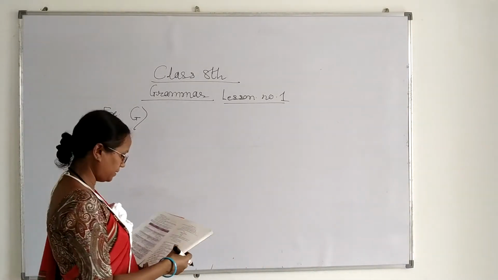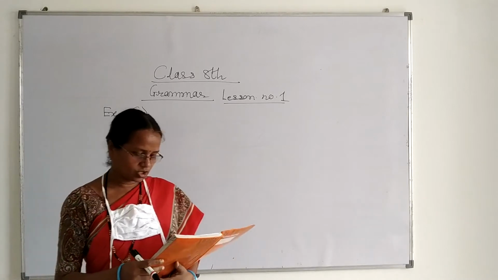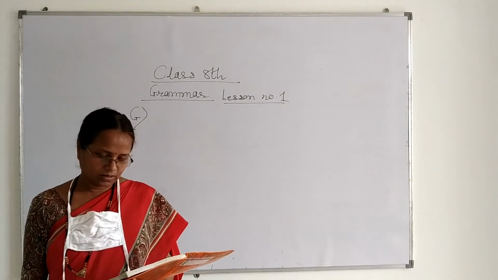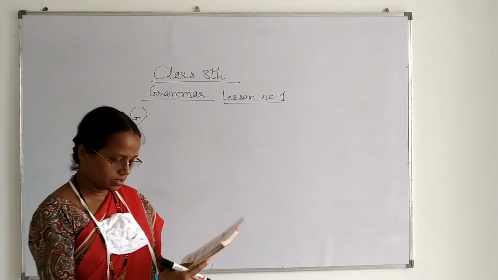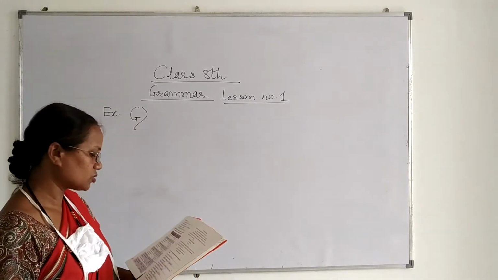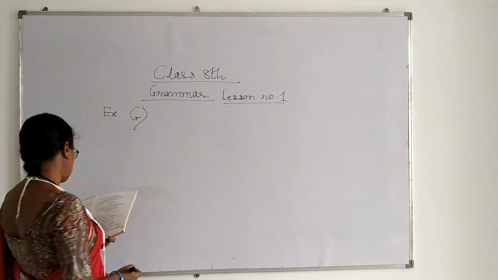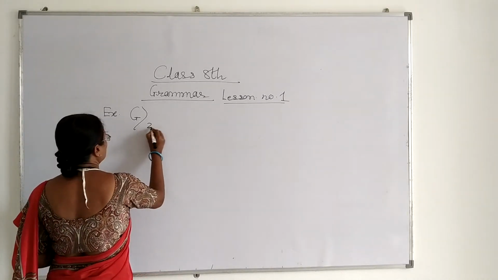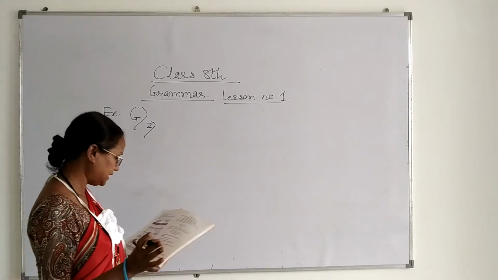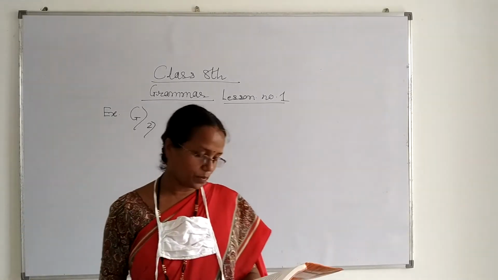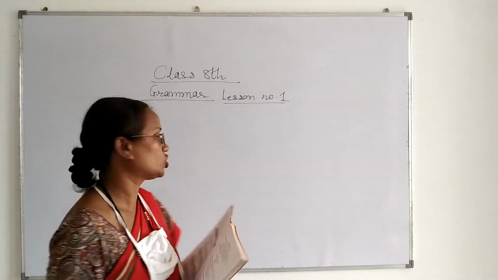Exercise G has some questions. You have to make questions. Answers are given there already. Look on page number 9. First question is done. We are seeing the second question. The answer is written. You have to select the proper helping verb and frame a question for that.